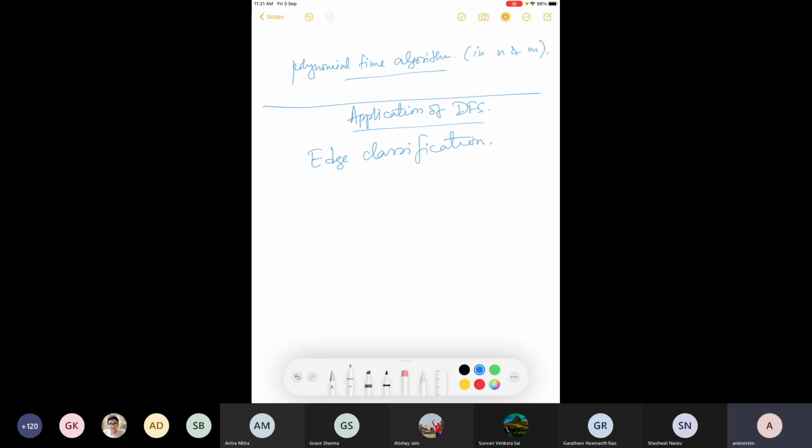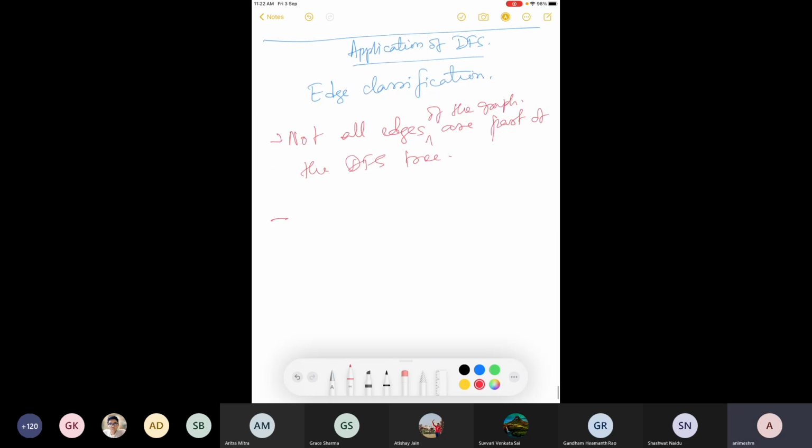So first thing to note here is that I guess you have already noted it, that not all edges of the graph are part of the DFS tree, right?